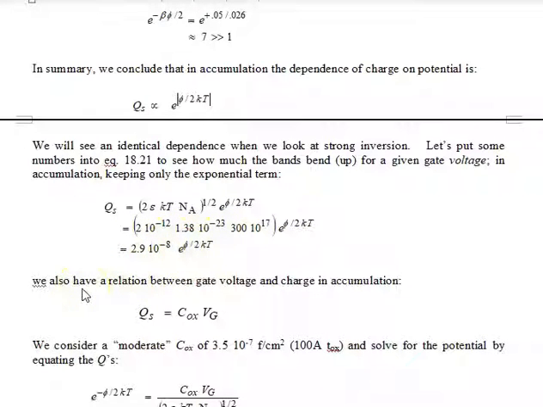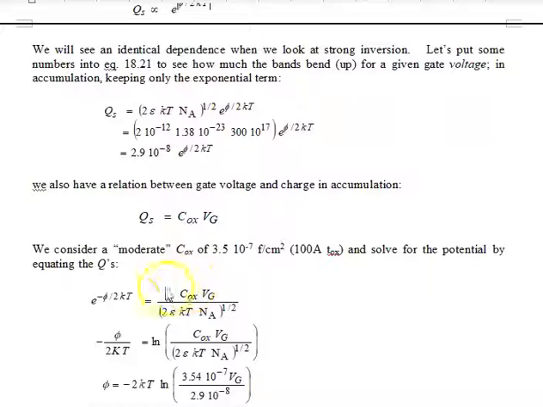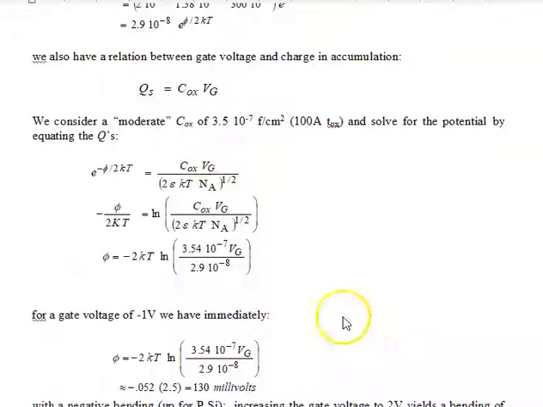We also have a relationship between the surface charge density and the gate voltage. So we basically just equate these two. And when we do that, we bring this over to the other side, and it's equal to Cox Vg divided by this bad boy right here. And we get an equation for phi, pretty straightforward.